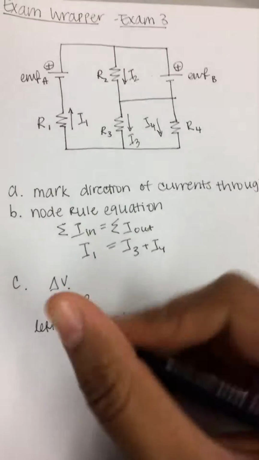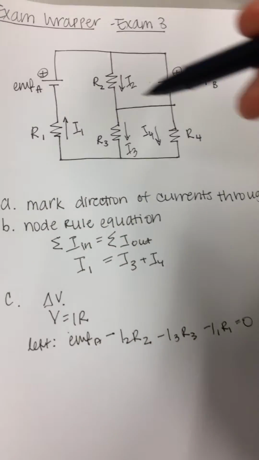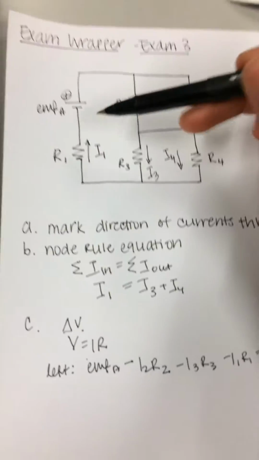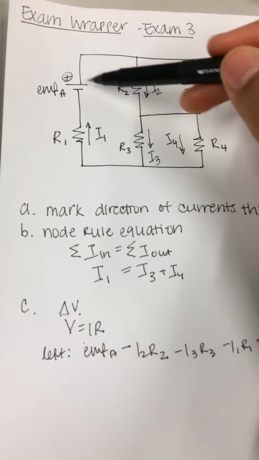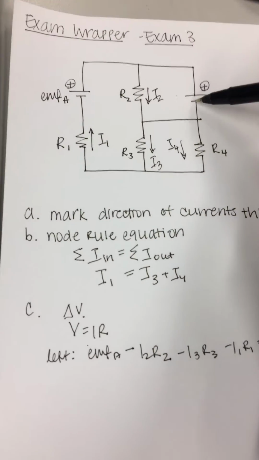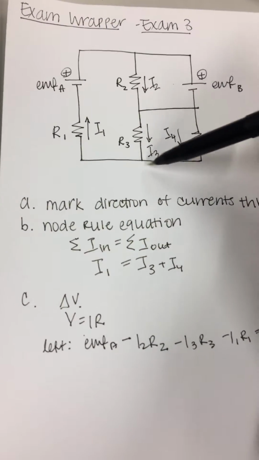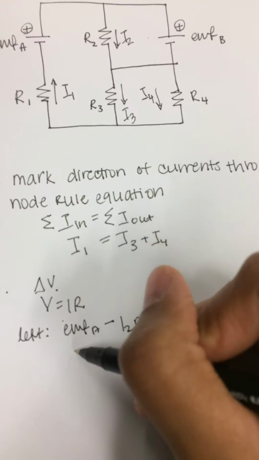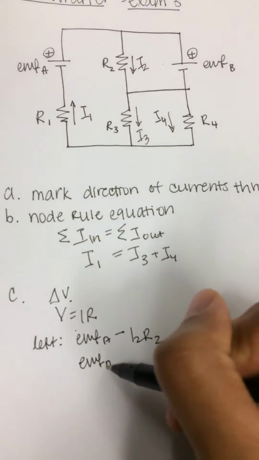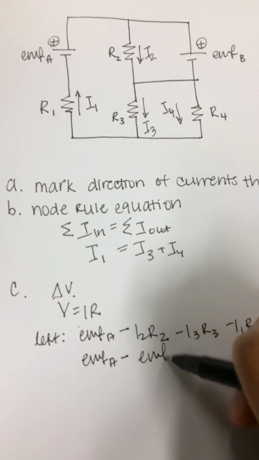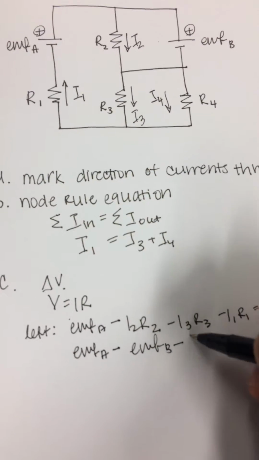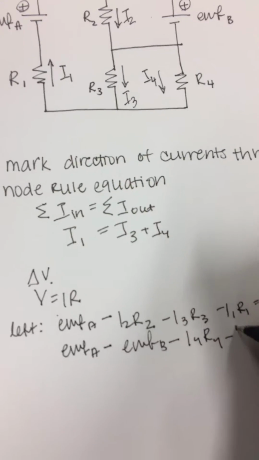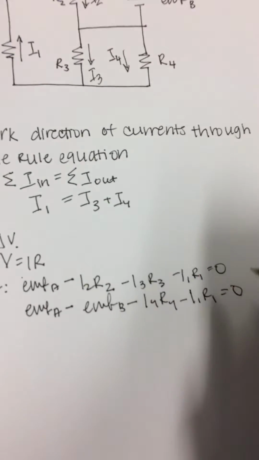equals 0. And then you can look at the loop that goes around the whole circuit. Starting at EMF A again, you have EMF A minus EMF B minus I4 R4, and then back to minus I1 R1. So then you have EMF A minus EMF B minus I4 R4 minus I1 R1 equals 0.